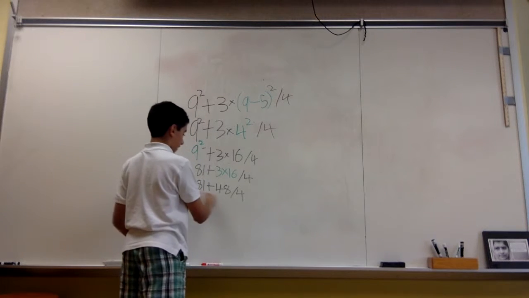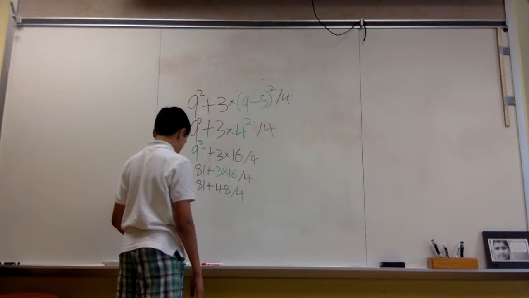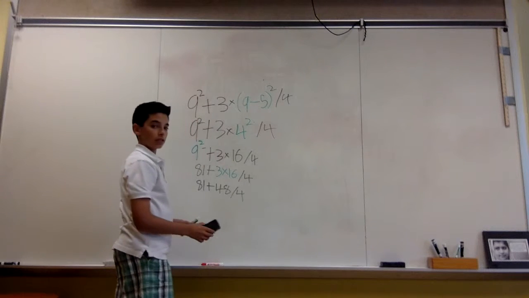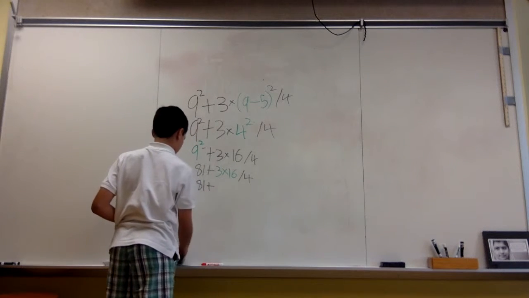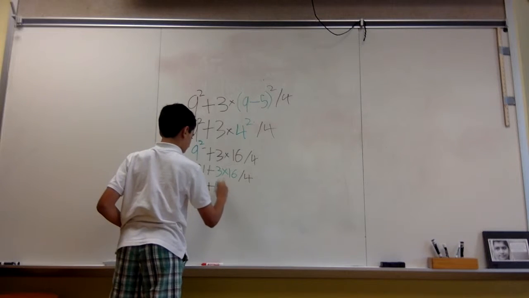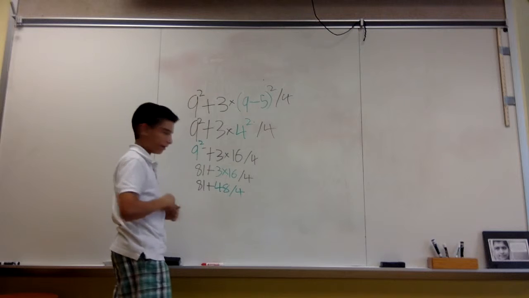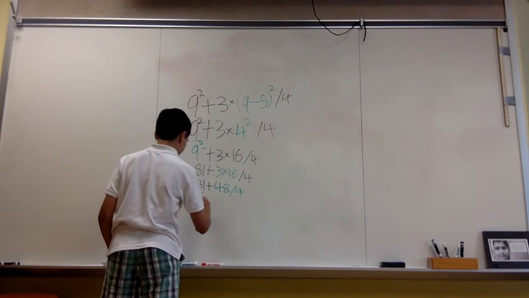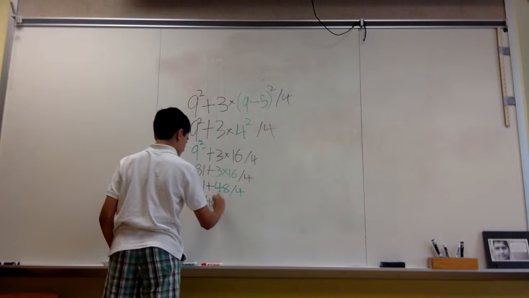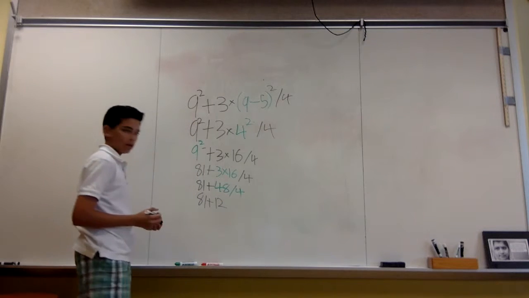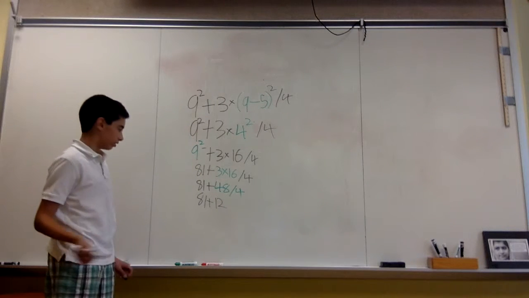Now, we could just add this up and divide by 4, but our next step is still division. Now we have 81 plus 12. And what's left now is just some simple addition.